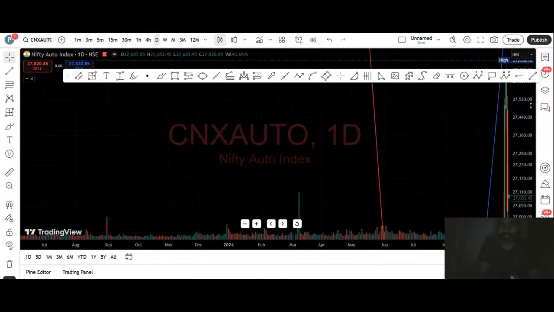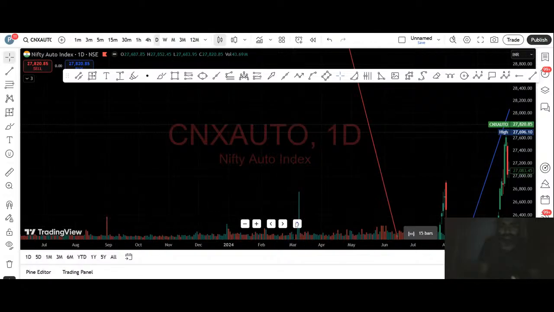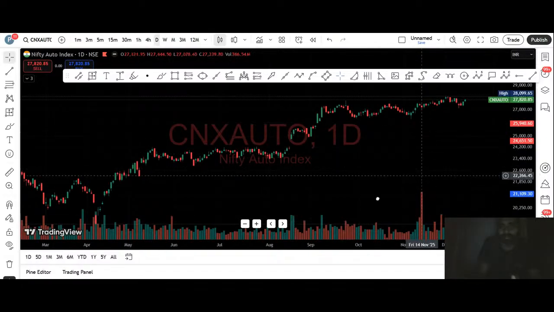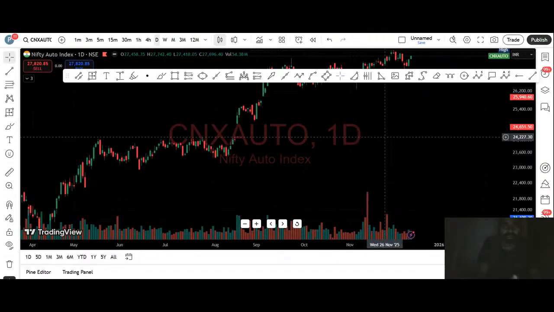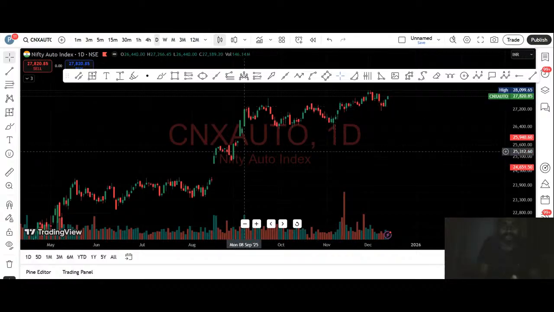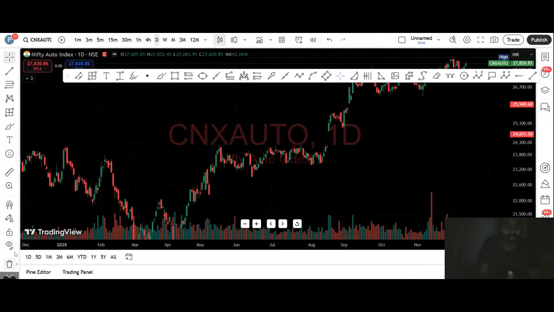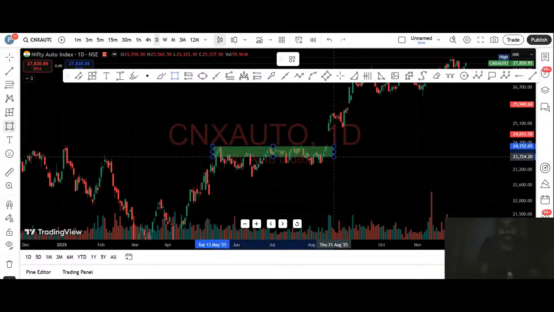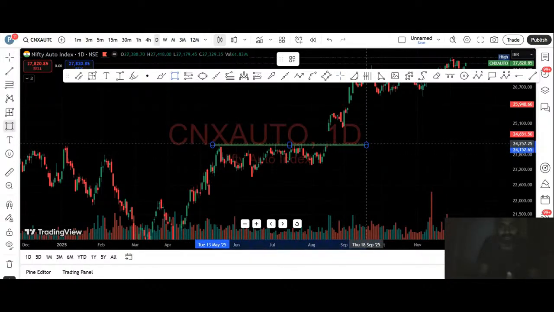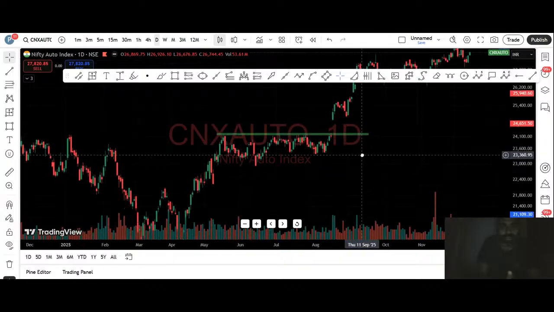See here, in this rally in Nifty Auto, this much has happened. See here, sir, I will show an example in this rally, because this is very important, right?